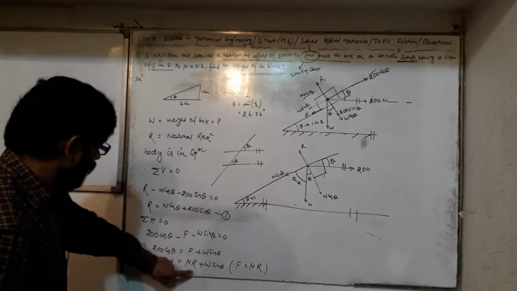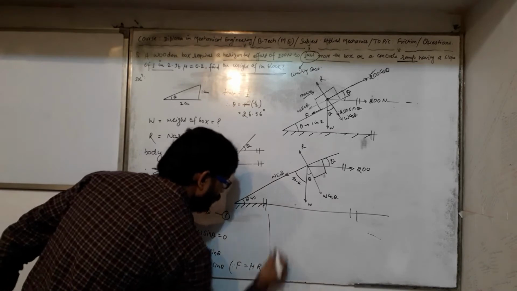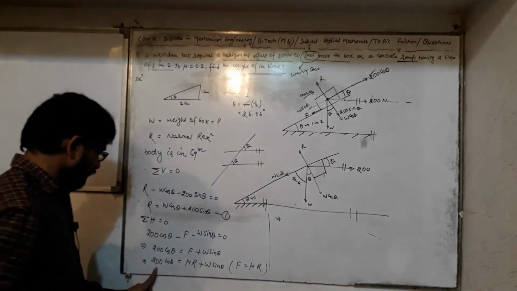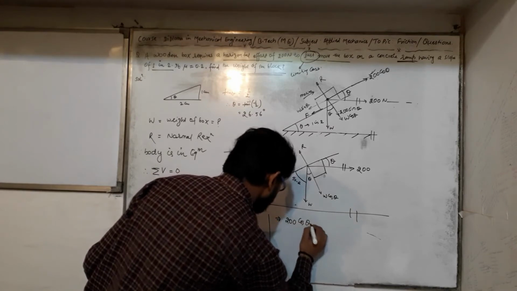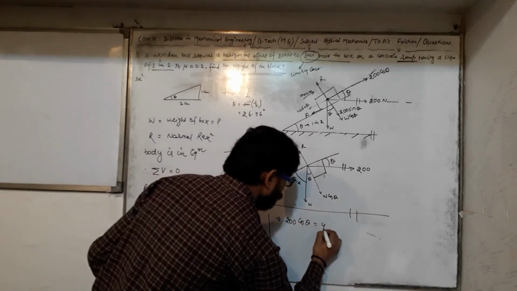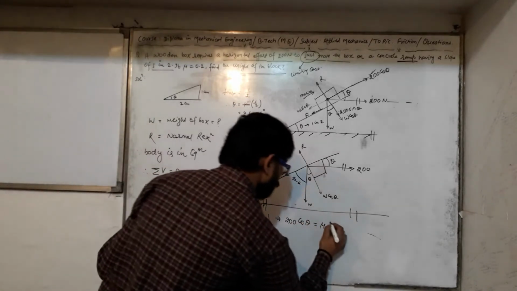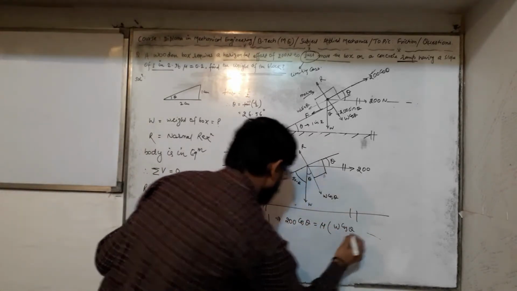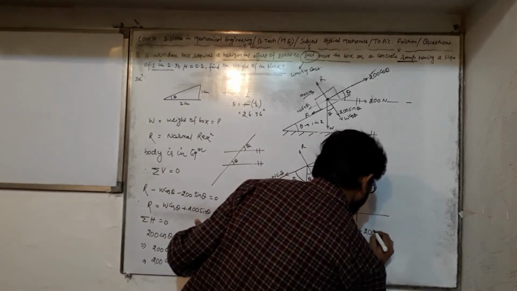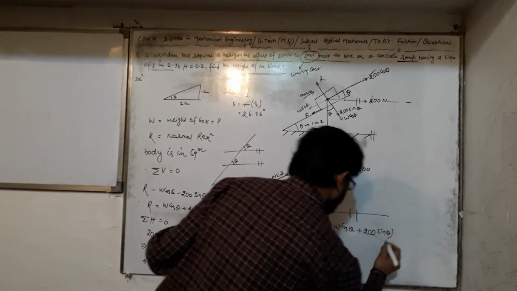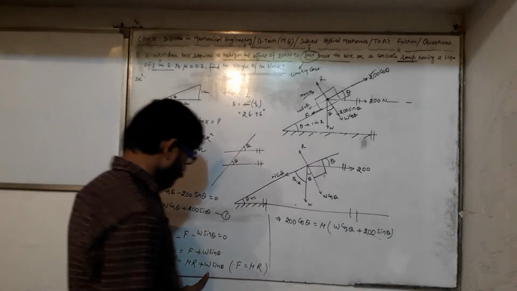Now I am putting the value of R from equation 1. We can say 200 cos theta equals mu times R, and in place of R we put W cos theta plus 200 sin theta, and overall plus W sin theta.